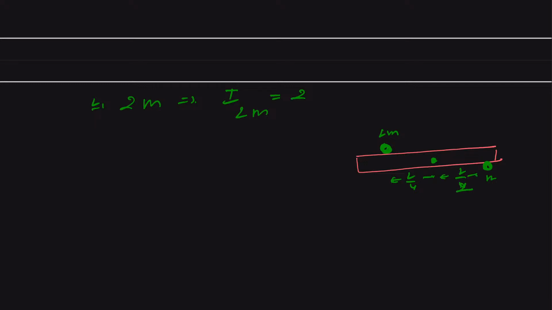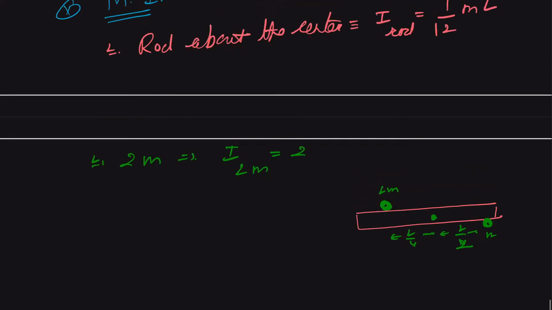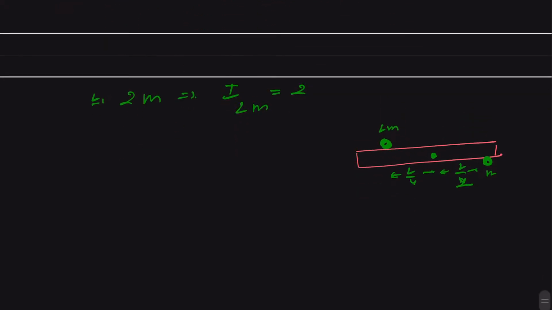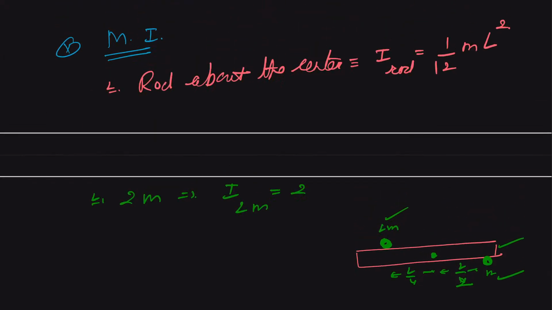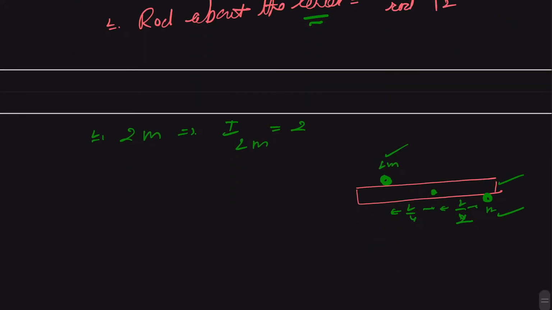Okay. So the moment of inertia of the entire system will be equal to moment of inertia of the rod plus moment of inertia because of this 2m plus moment of inertia because of this m. So first we found out the moment of inertia of the rod about its center, which is a standard formula. Then the moment of inertia of this 2m, and for a mass we already know the standard formula is m r square for any mass.